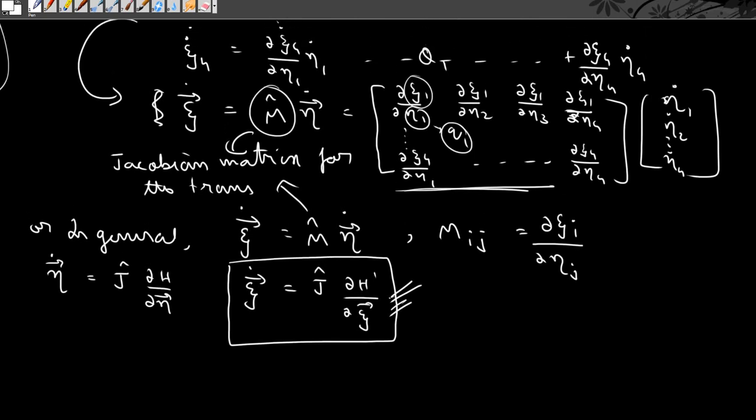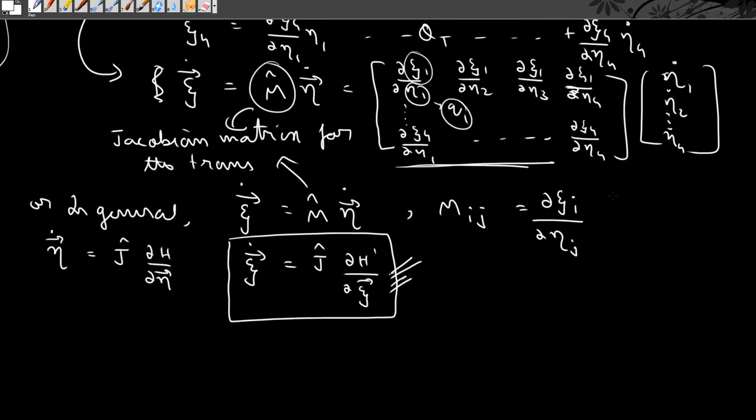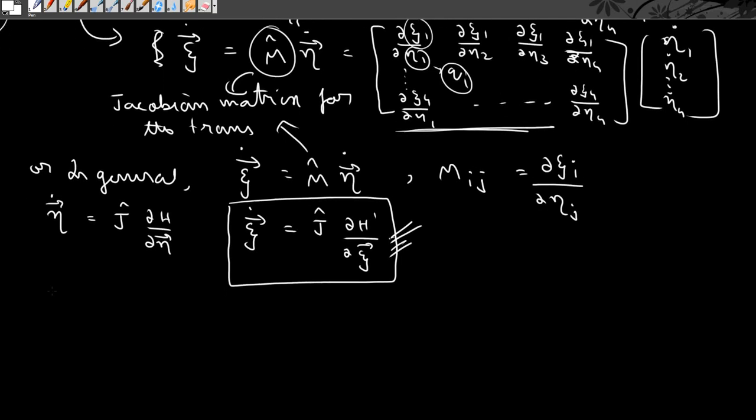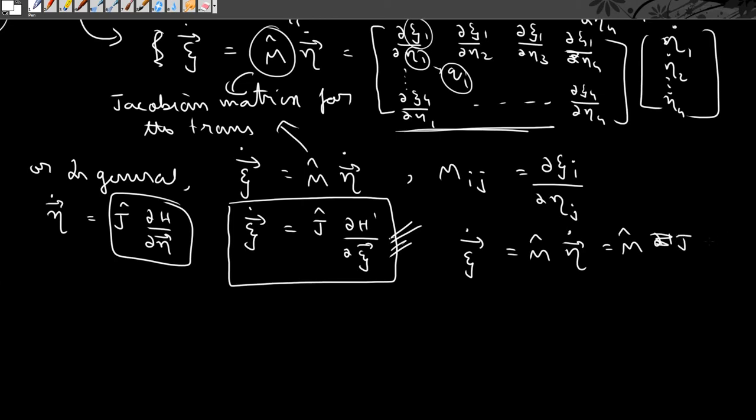So to see what is the condition for this particular relation to be true, let us go back to the condition that the vector psi dot is equal to matrix M times eta dot. Now what I am going to do is substitute for eta dot as J times dou H by dou eta. So this is equal to matrix M times J matrix times dou H by dou eta vector.